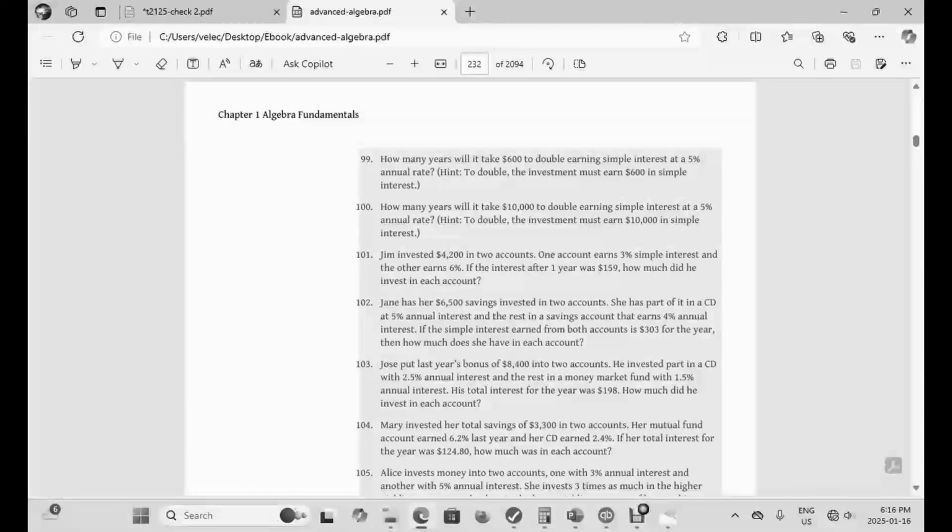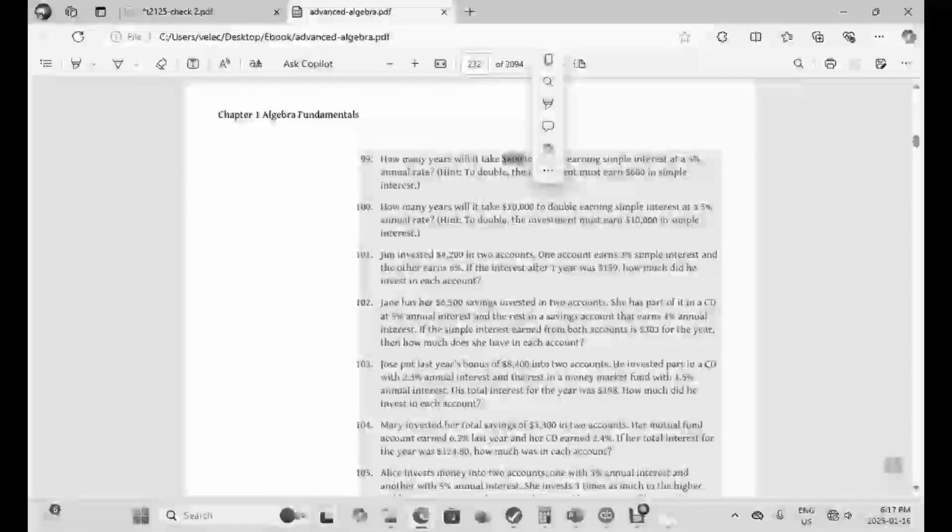For the equation, first you will need to solve what the interest is for 1 year. The simple interest rate is 5% and the principal is $600.